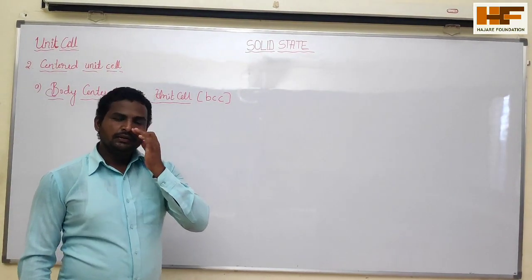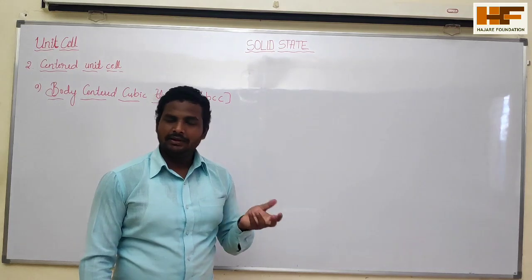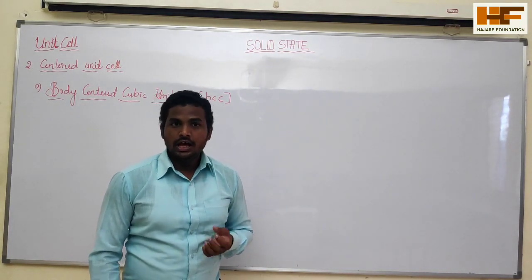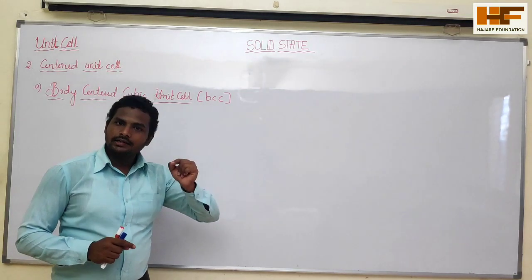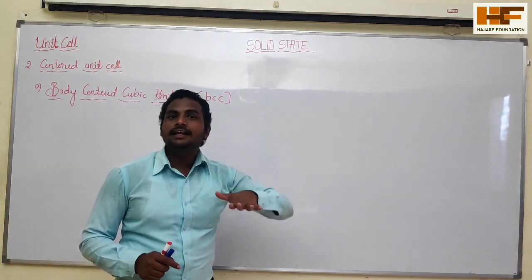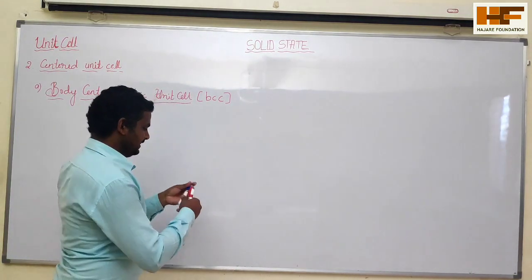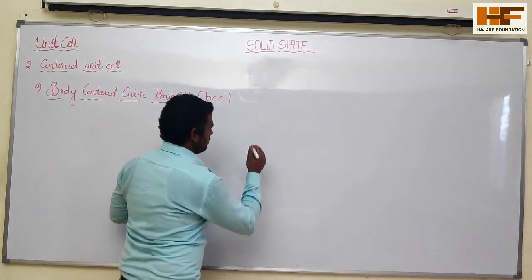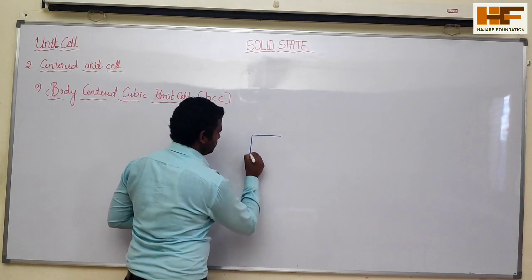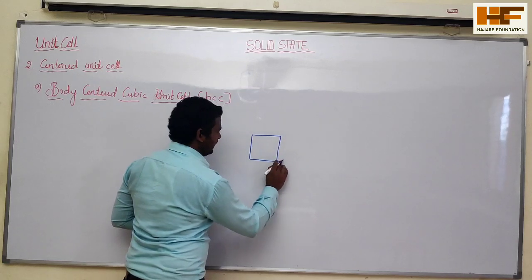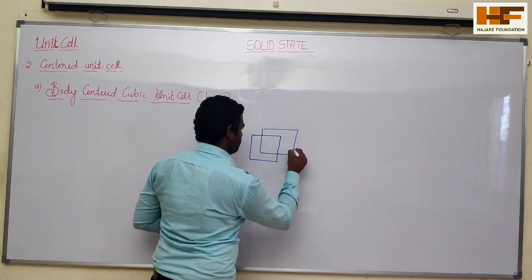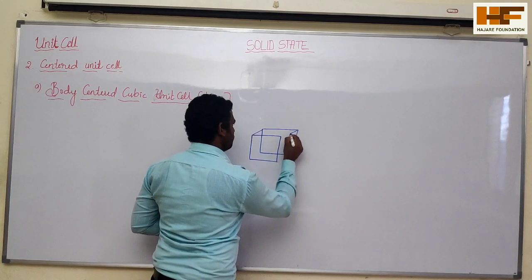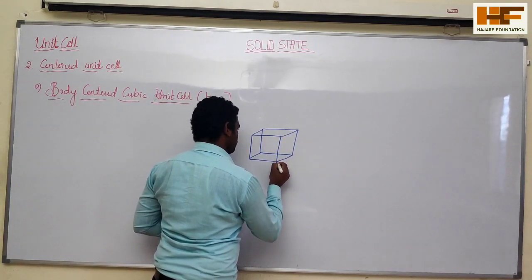So it means the constituent particles, maybe atom, molecule or ions, are present at all the corners, as well as one atom is present inside that cube. Suppose if you consider here, suppose it is a unit cell, right?